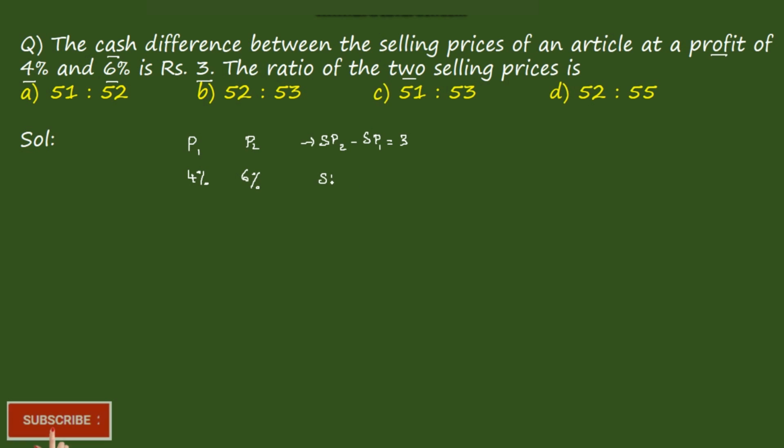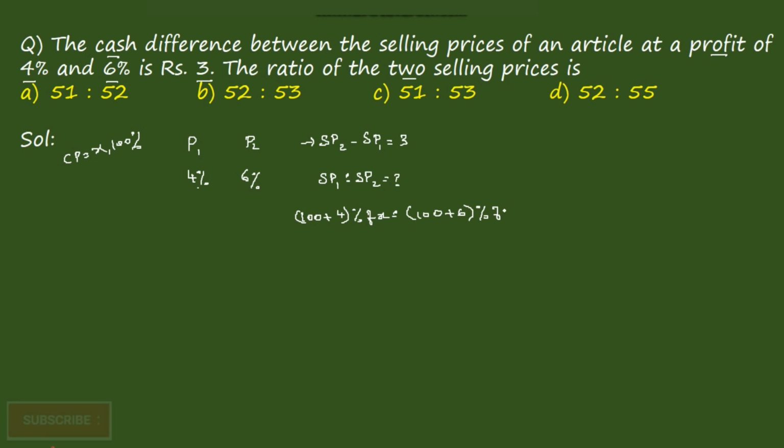Now they are saying the ratio of two selling prices. Okay, we have to find the ratio of SP1 is to SP2 is equal to how much we have to find out. If you consider the cost price is equal to X, which is 100%, in this one, the cost price in terms of percentage and profit in terms of percentages, right? We can find the selling prices also. So it becomes nothing but selling price 1 is equal to 100 plus 4 percentage of X is to SP2, which is nothing but 100 plus 6 percentage of cost price X, right?